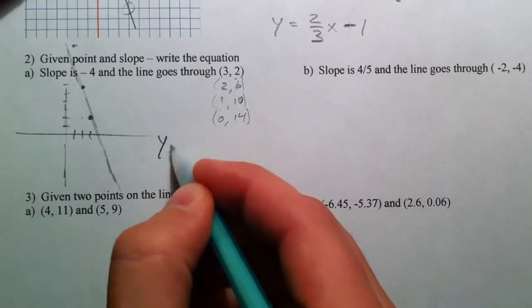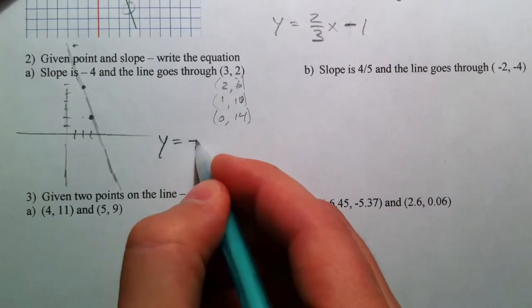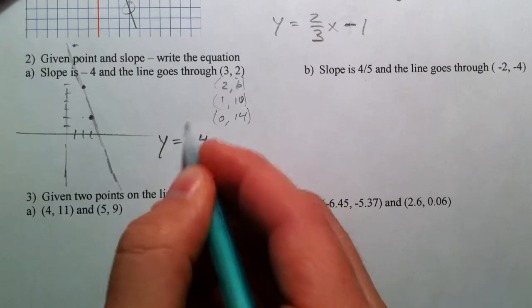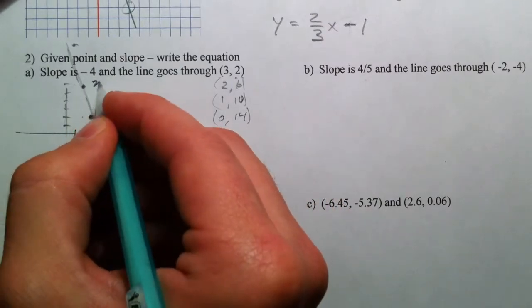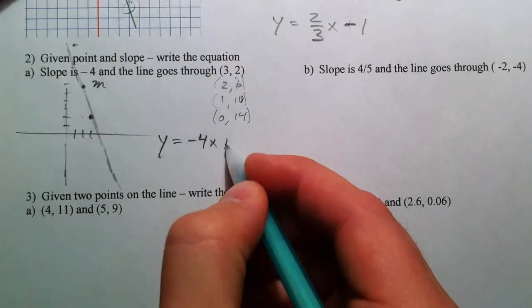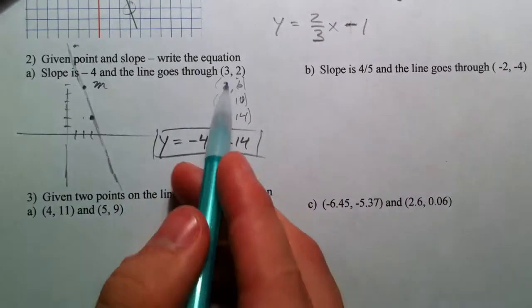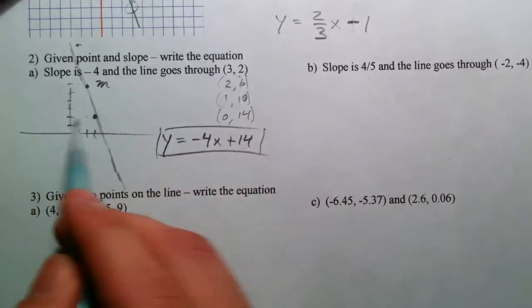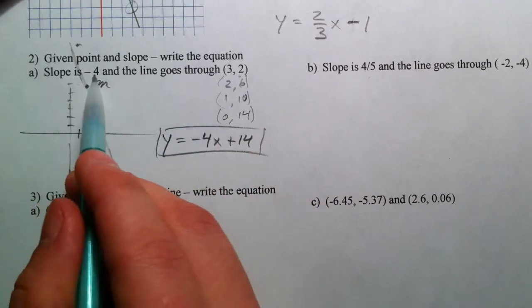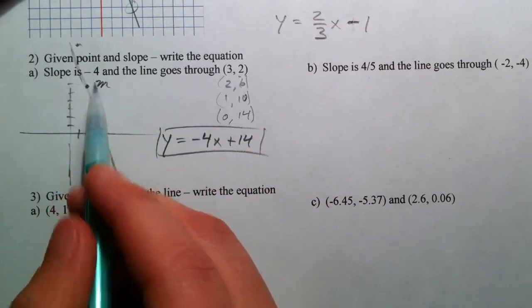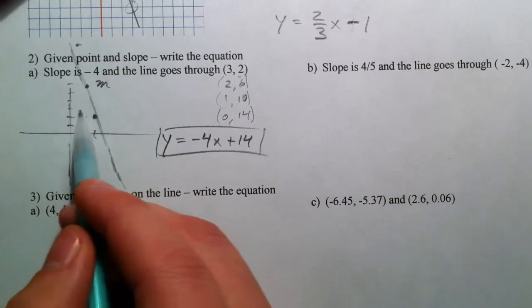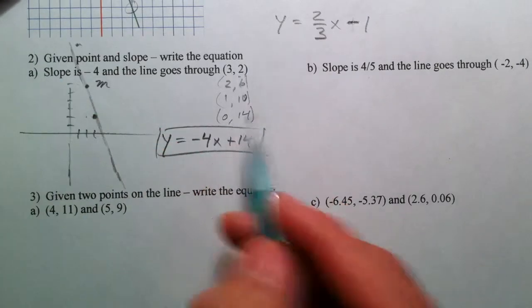So we have our y equals negative 4x, because negative 4 is our slope, plus 14. Where'd the 14 come from? Well, we had to go from 3 back to 0, so 3 times our slope is 12. Because we were going back to the left, so we went up 12 from our 2.